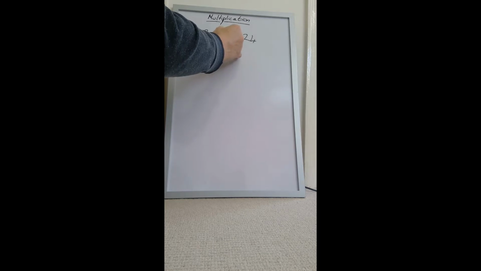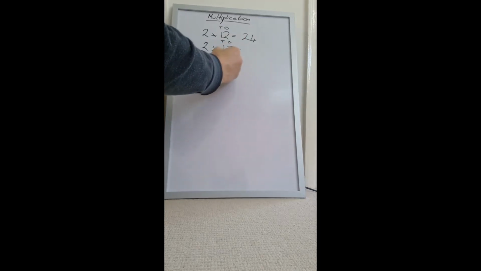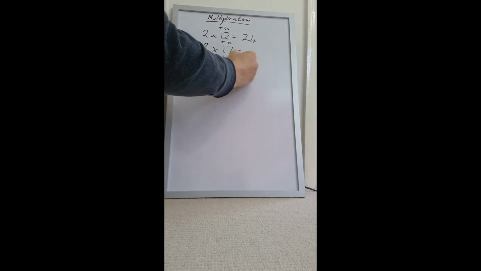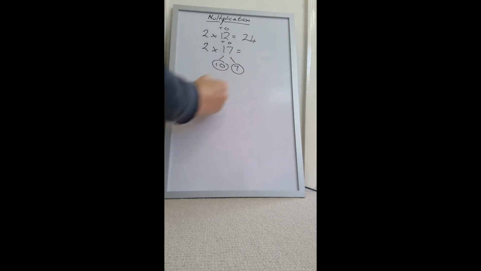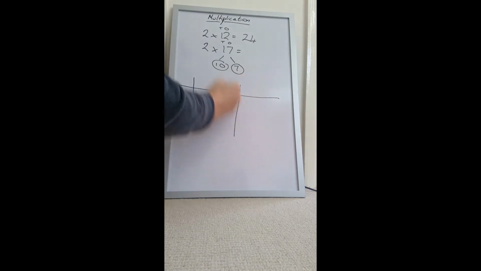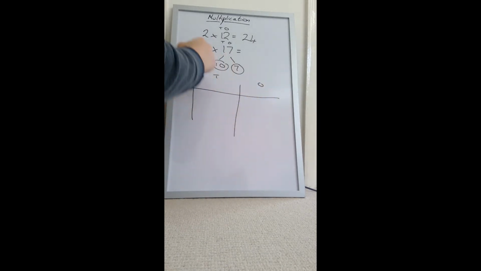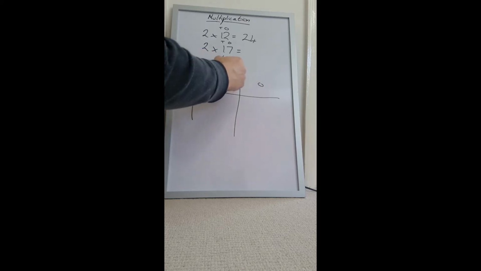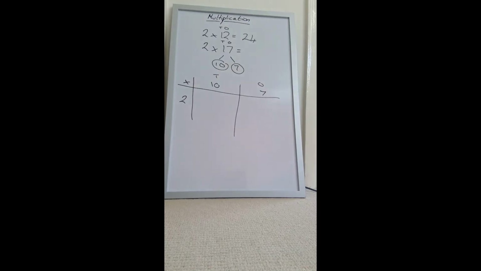We label our tens and ones, we partition our tens and our ones, and then we draw our arrays. Once again, tens and ones. We write out our number sentence with the partition number, 2 times 10 and 2 times 7. And then we create our array.